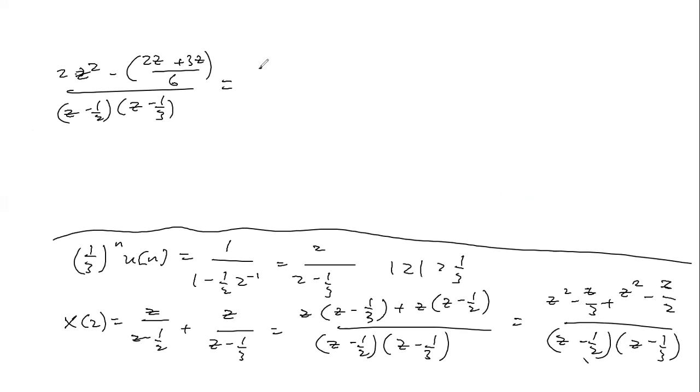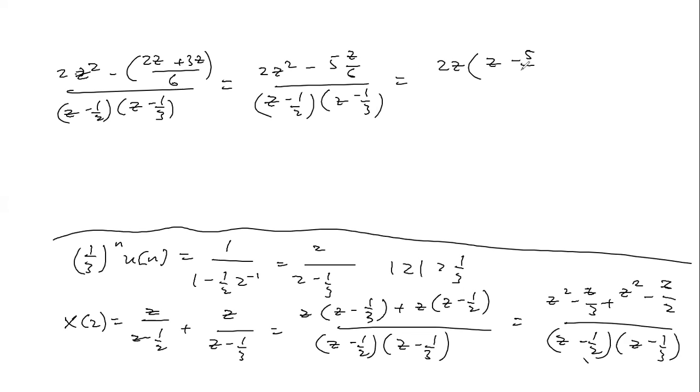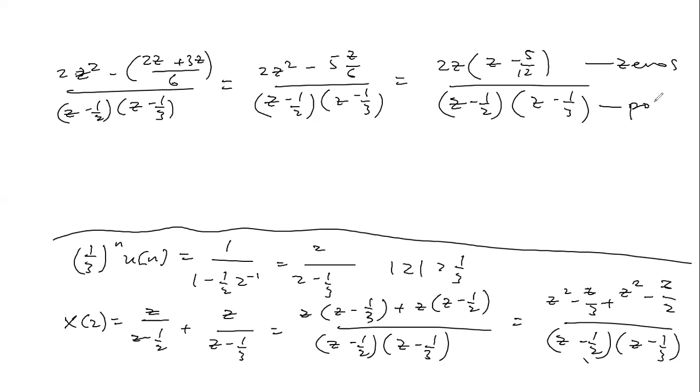So this will give us 2Z squared minus 5Z over 6, over Z minus 1 over 2, Z minus 1 over 3. So this will give us 2Z into bracket Z minus 5 over 12, over Z minus 1 over 2, Z minus 1 over 3. So this gives us the zeros, and this gives us the poles.